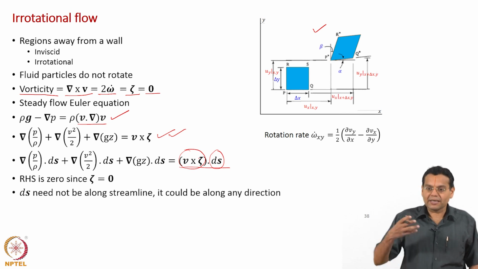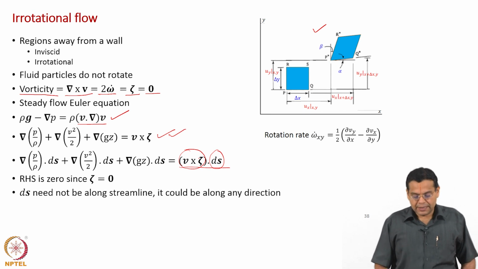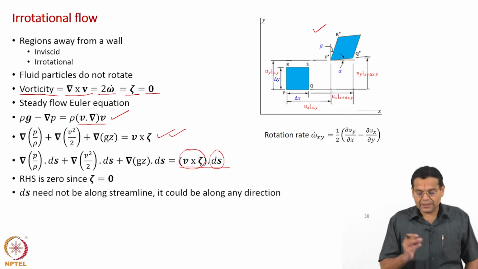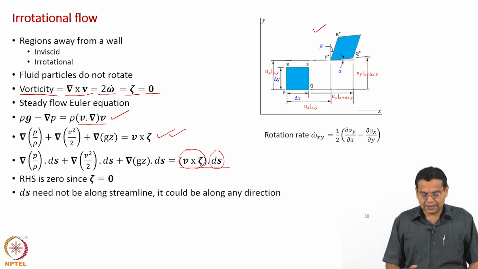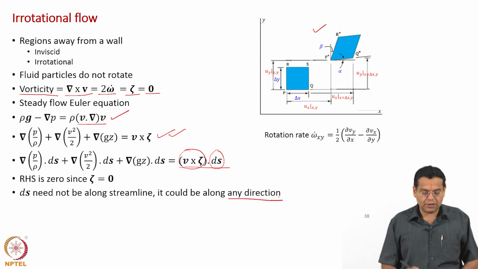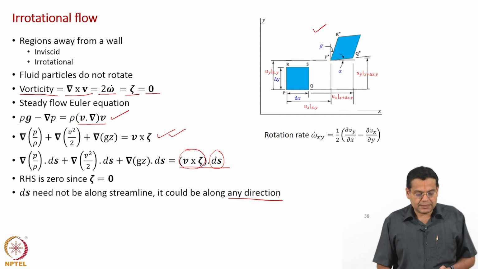Even if you take it along any line, the right hand side is going to be 0. Our idea of taking differential length along the streamline was to make the right hand side 0. Now, that necessity does not arise because the vorticity is 0. So, ds need not be along the streamline, it could be along any direction, and this is what we are going to see in the next slide.